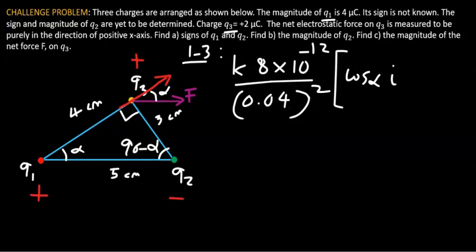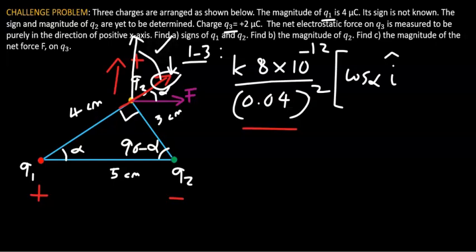So cosine of alpha i hat. The y component is going in that direction, and that is this number times sine of alpha. So that is the y-axis. The y component of that force is the magnitude of that force times the cosine of this angle.